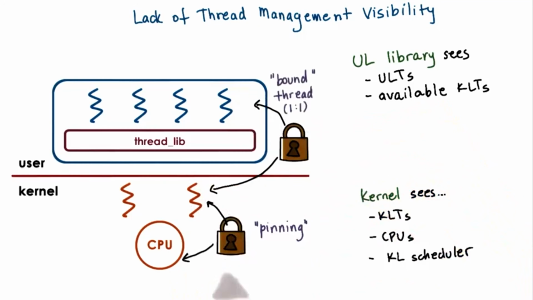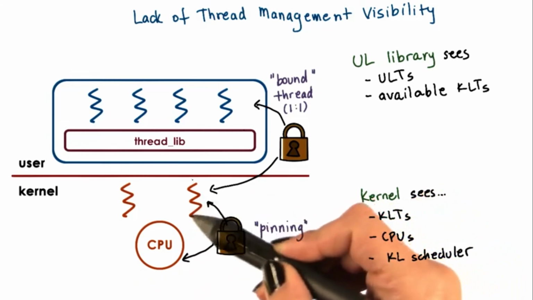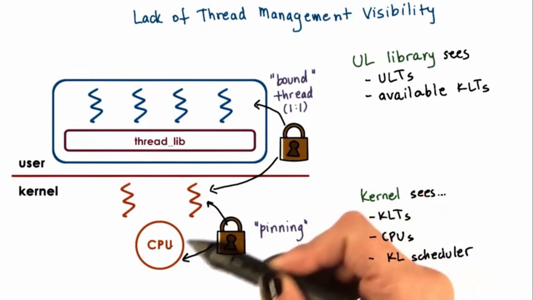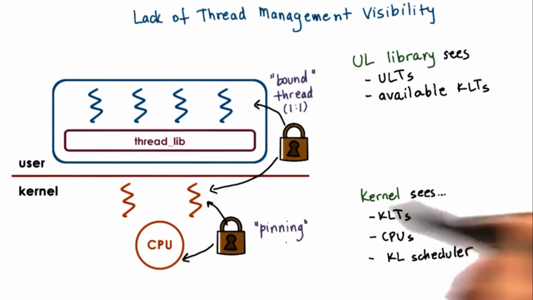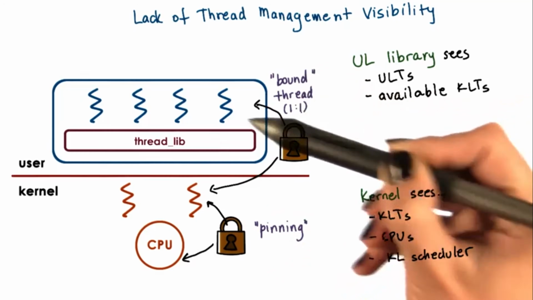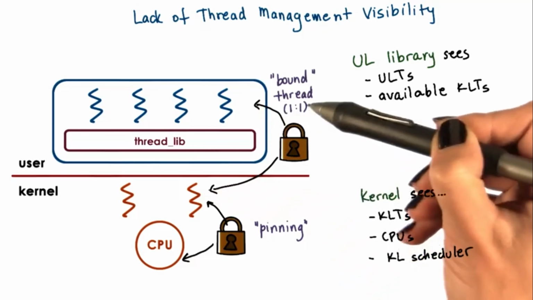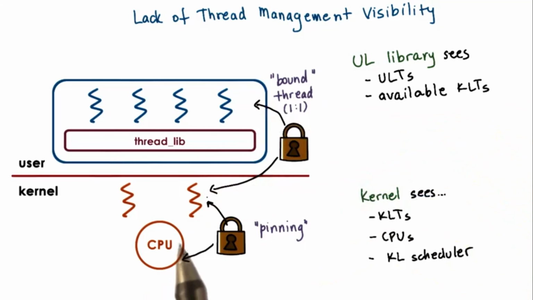This is similar to what we would want to do in a multi-CPU system if a particular kernel-level thread is to be permanently associated with a CPU, except in that case we call it thread pinning, and the term that was introduced with the Solaris threads was that a user-level thread is bound to a kernel-level thread. And clearly in a one-to-one model, every user-level thread is bound to a kernel-level thread.